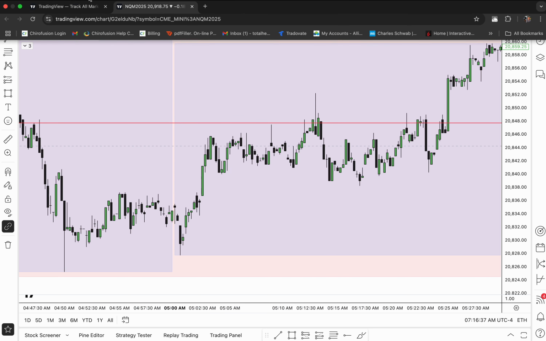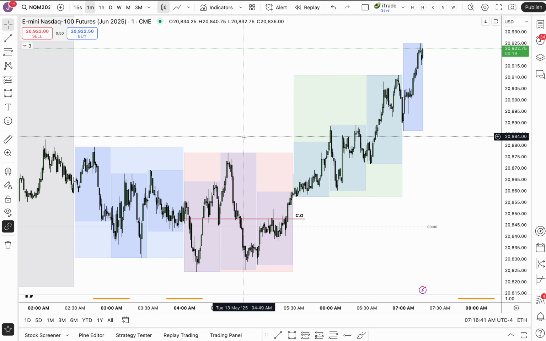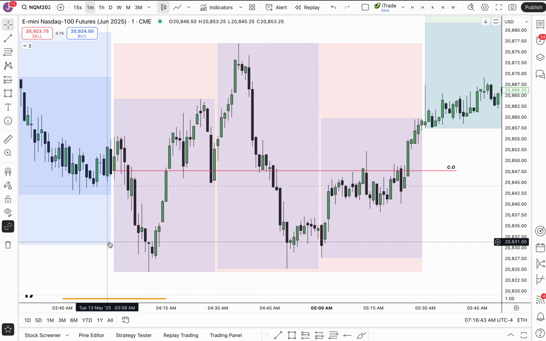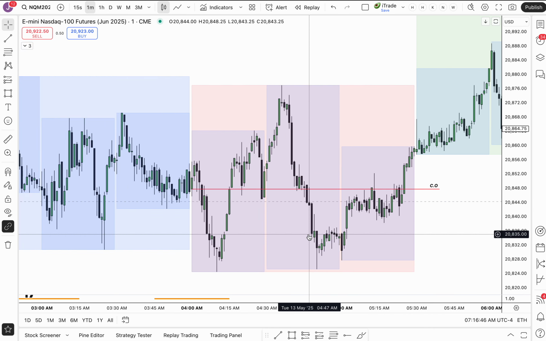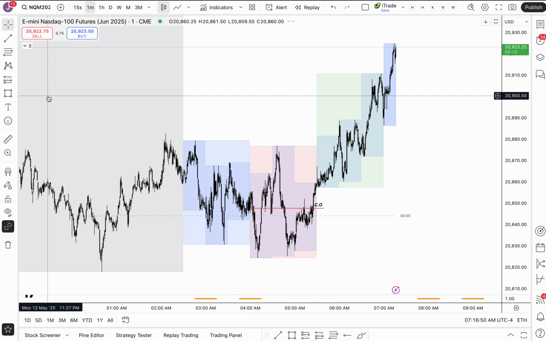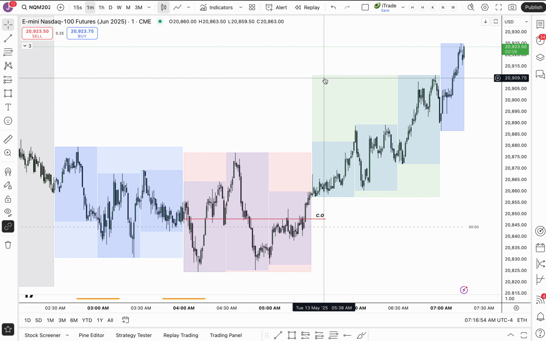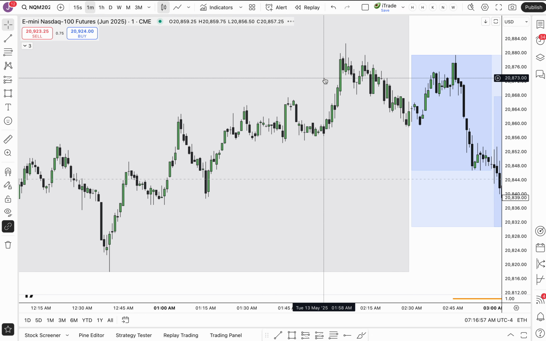Let's see if we can find an example. Sometimes it is hard to find the examples in the 1 minute, just because sometimes the price doesn't come back to it. But let's see if we can find another example.